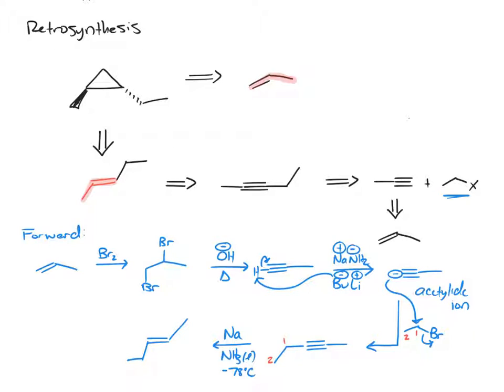From there, we can do the Simmons-Smith cyclopropanation. We'll do CH2I2, diiodomethane, and this zinc-copper couple. That forms the carbene, which adds this carbon across the double bond. So we get the cyclopropane, and now our ethyl and methyl groups will be trans.